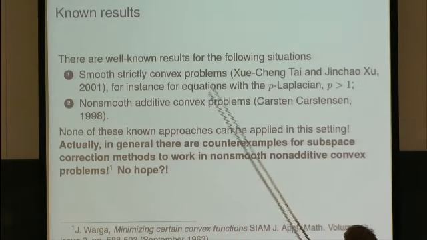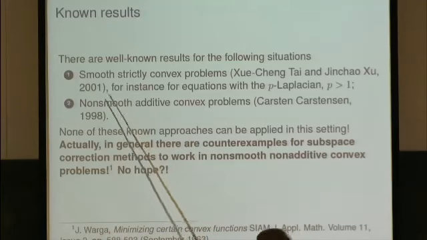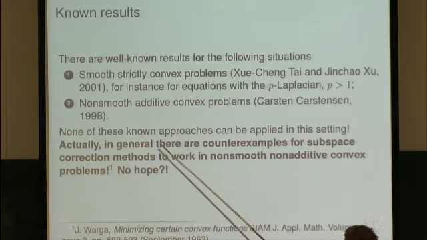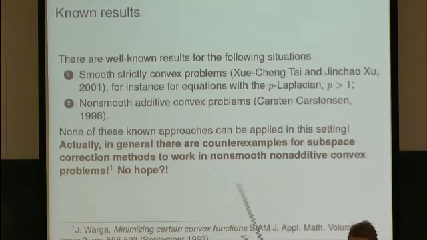And the known results for domain decomposition also do not cover the situation. So what do domain decomposition results usually cover? They cover smooth problems, okay? Smooth problems are well understood. And they also cover non-smooth problems, but non-smooth problems with this additivity property.